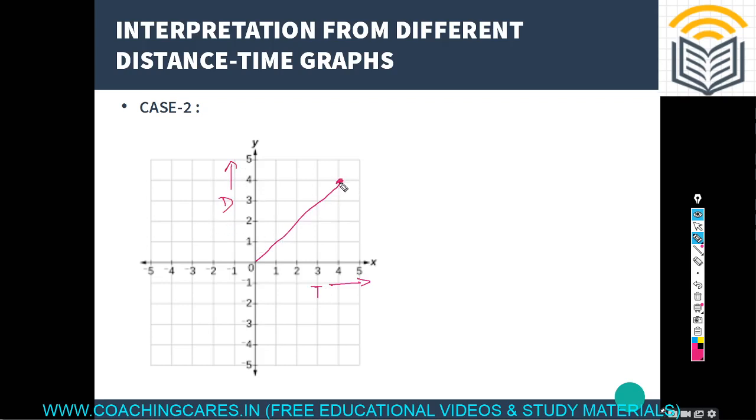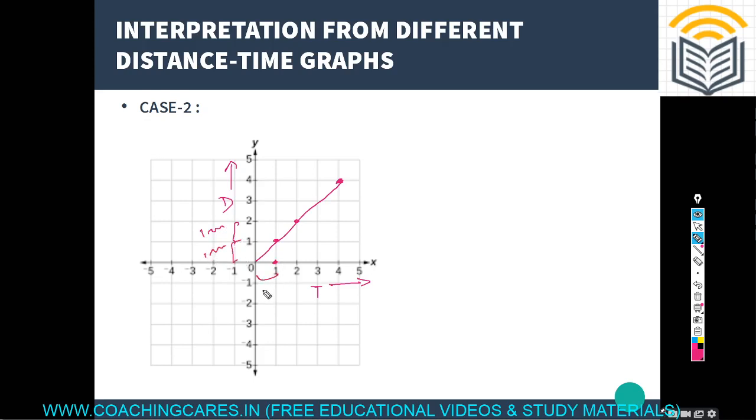Have a look at this graph. This is a continuous, steady straight line. After 1 second the body moves 1 meter. Another 1 second, the body moves another 1 meter. This is 1 meter distance. This is 1 meter distance.